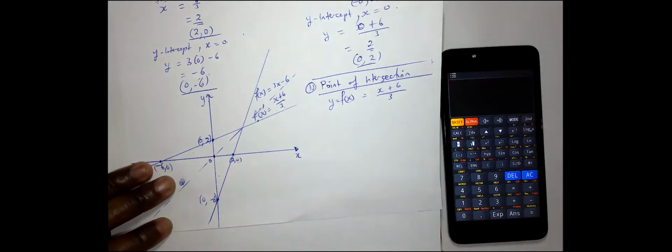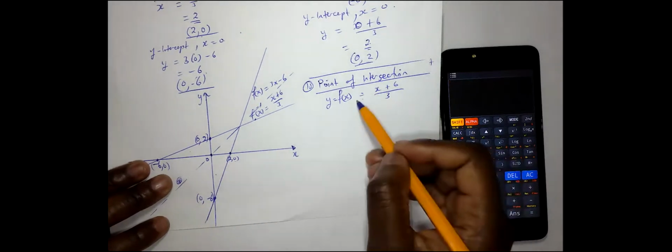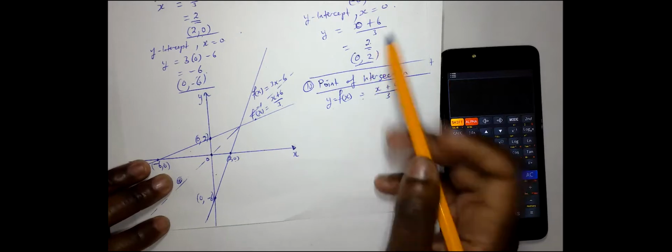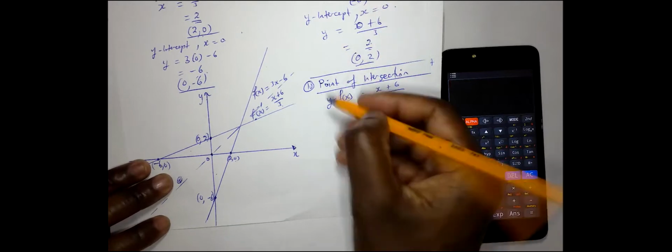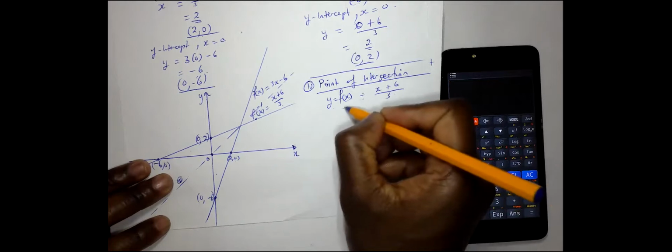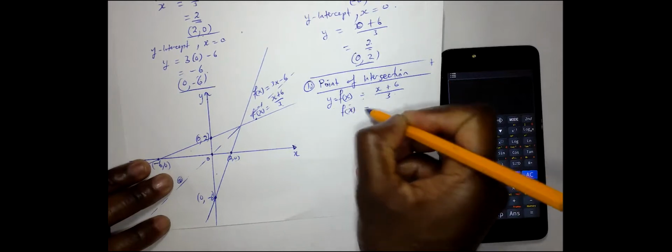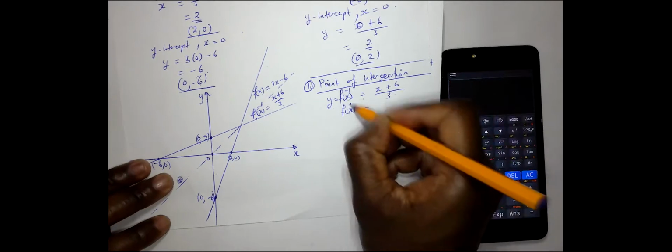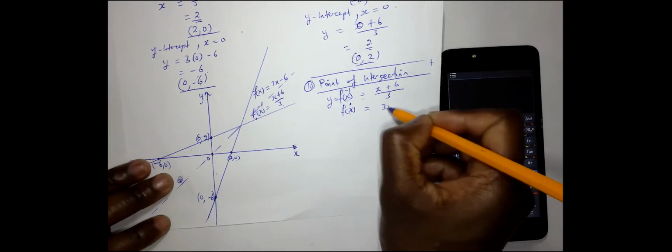And the other one, we can also call it y equal to, it doesn't matter. This one, f of x, is going to be 3x minus 6.